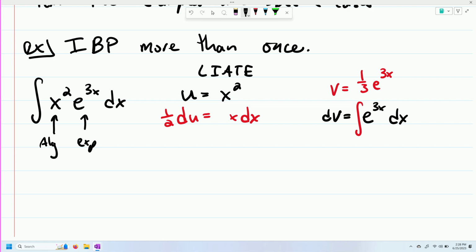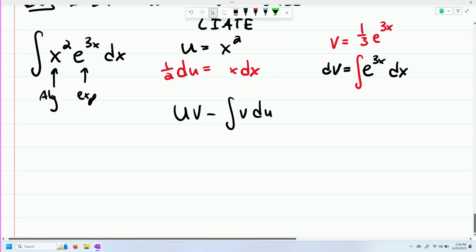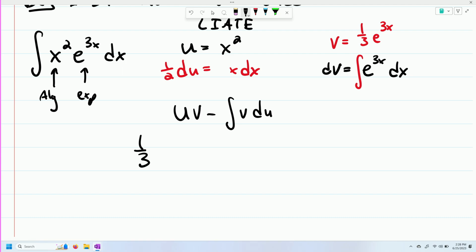Now I'm going to substitute everything in and make it look nice right from the start. So uv minus the integral of v du. u times v is x squared times 1/3 e to the 3x, but I'm going to write 1/3 out front. Then x squared e to the 3x, minus the integral. Now this is going to be v, which is 1/3 e to the 3x, so let's put the 1/3 out front.